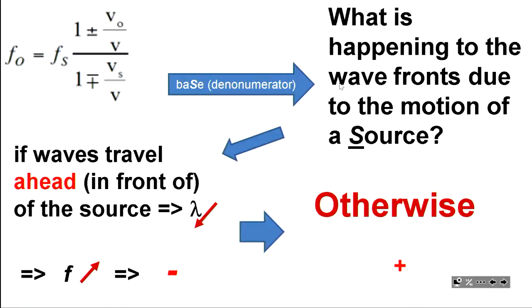Otherwise, it means that we're looking at the wave traveling behind the moving source. Wavelength expands, frequency goes down. So the frequency experienced by the observer should be lower than for the stationary situation. To achieve that, we have to increase the denominator. To achieve that, we have to choose a plus.